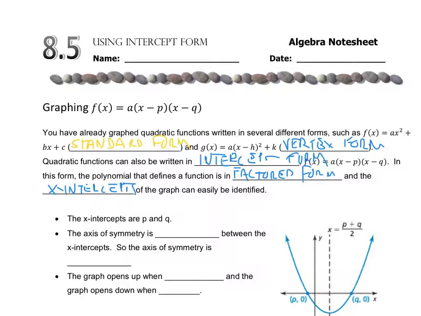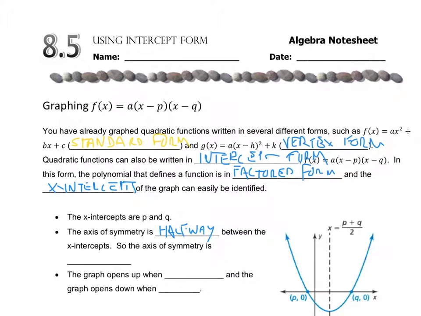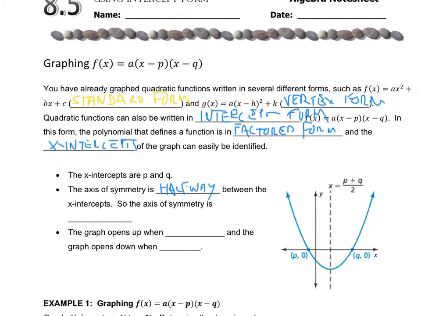The axis of symmetry, we know, is halfway between our x-intercepts. As you can see on this little graph over to the side, the x-intercepts are equidistant from the axis of symmetry.